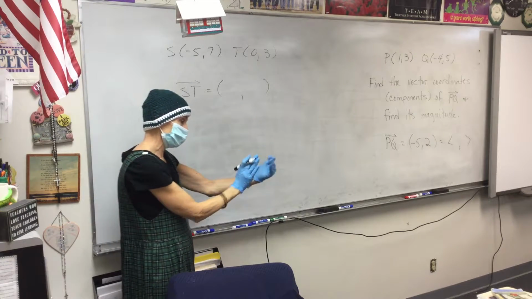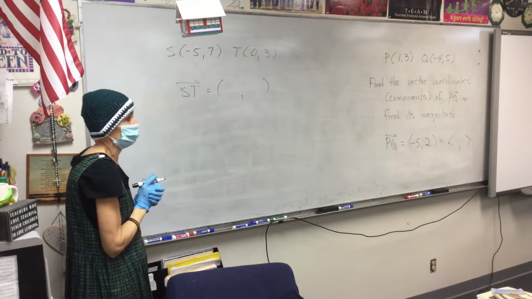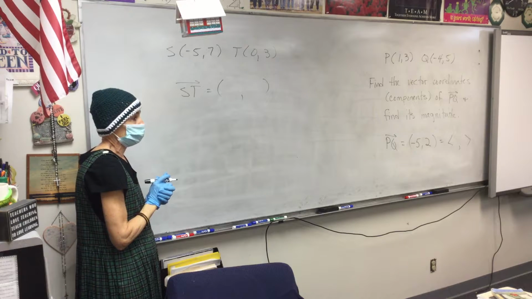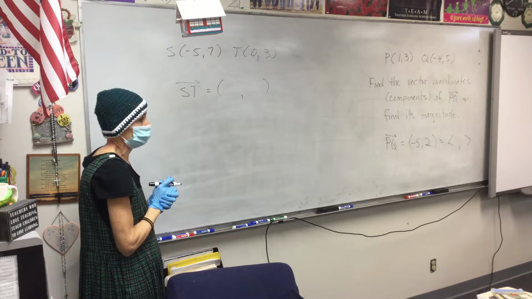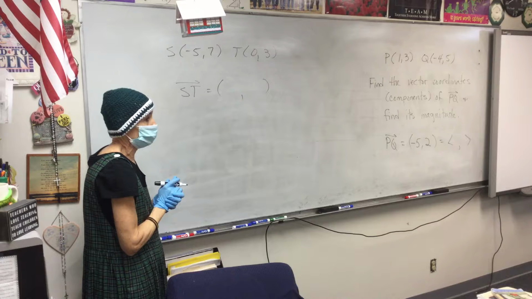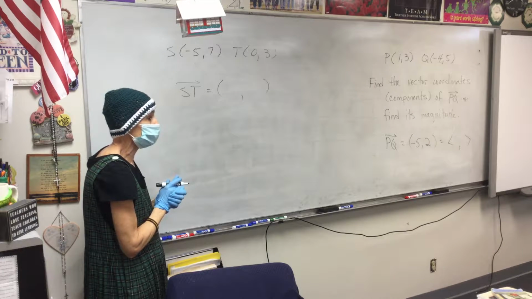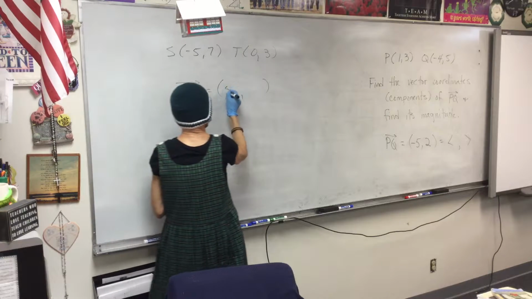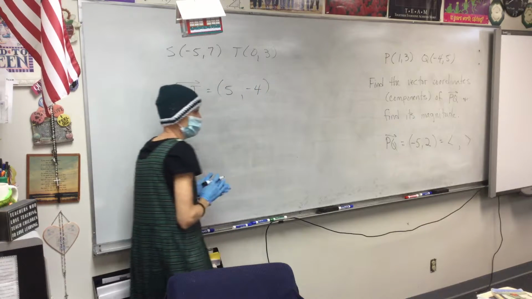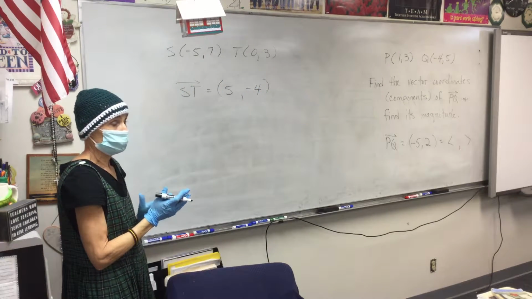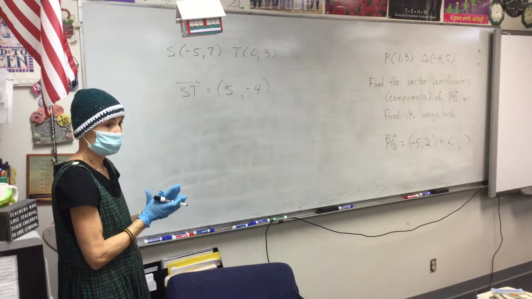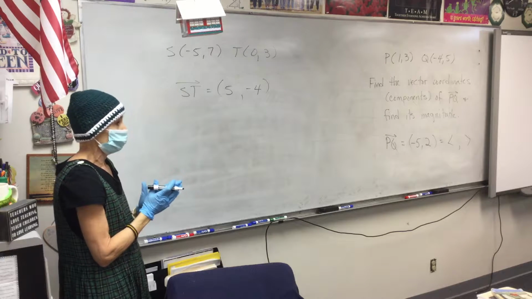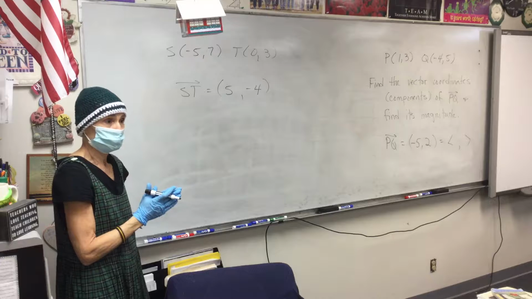How is this vector moving? Anybody want to hazard a guess? Dan? He says 5, -4. Anybody want to argue or agree, disagree? You voting with Dan? Yeah. Okay, so that's pretty easy, right?